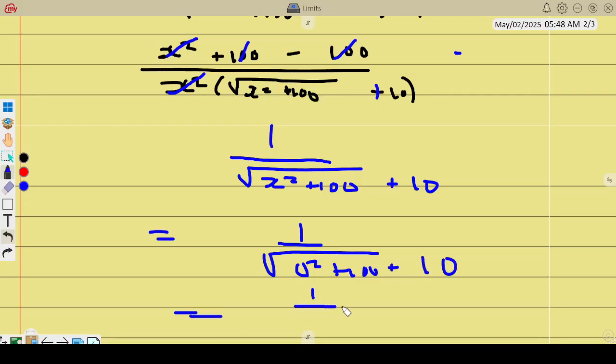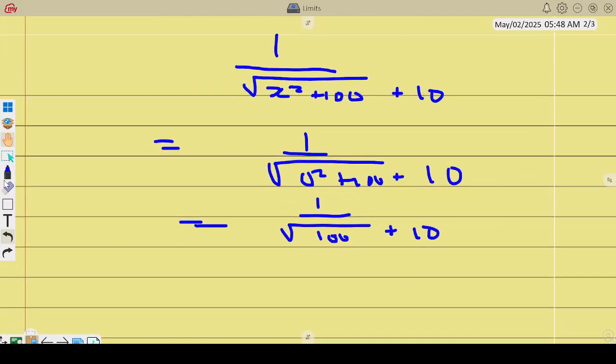So 1 over square root of 100 plus 10. And then from here, this will be 1 over 10. Square root of 100 is 10, plus 10. The final answer is 20.